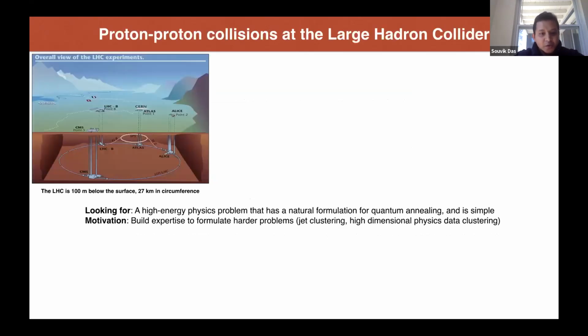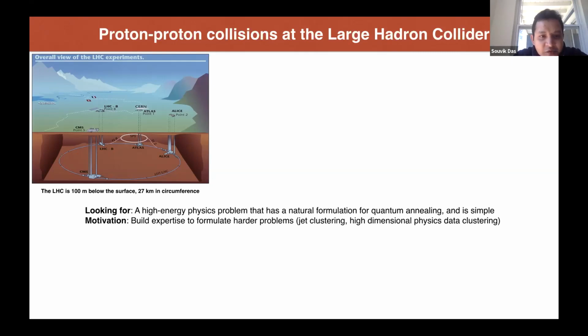All right, we don't need to go too much into this, but proton-proton collisions at the Large Hadron Collider. As we all know, the LHC is an accelerator 100 meters below the surface. It's the biggest proton-proton collider out there. So why are we trying to solve this problem? I was looking for a problem in high energy physics that has a natural formulation for quantum annealing and is simple.